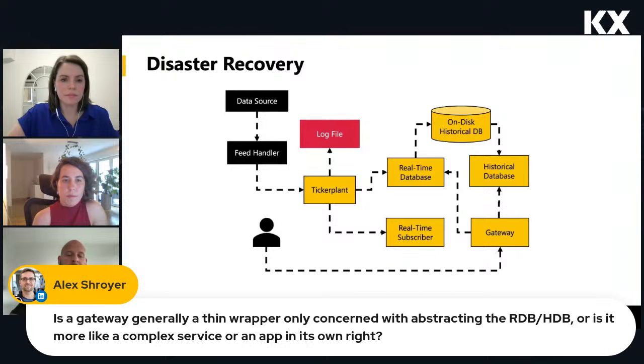And I try to keep all the different KDB processes as lightweight as possible. Give them one task and let them do that task efficiently and well. So I wouldn't say the gateway is something complex.